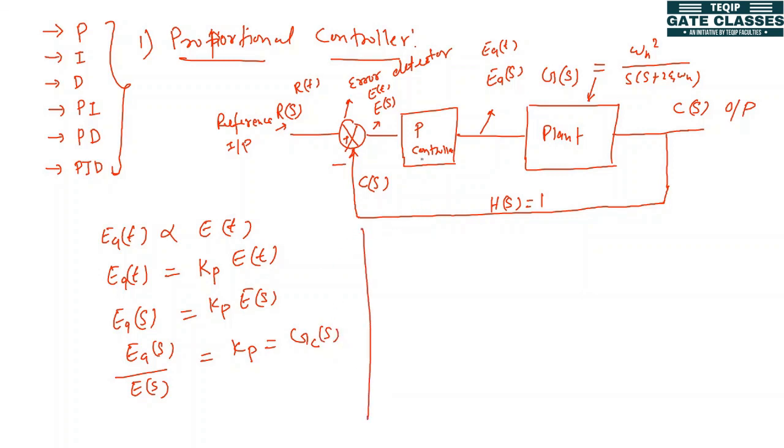So what I am doing is taking the gain of the controller here. Let us suppose the gain of the controller is K, so the gain of the controller is Kp.